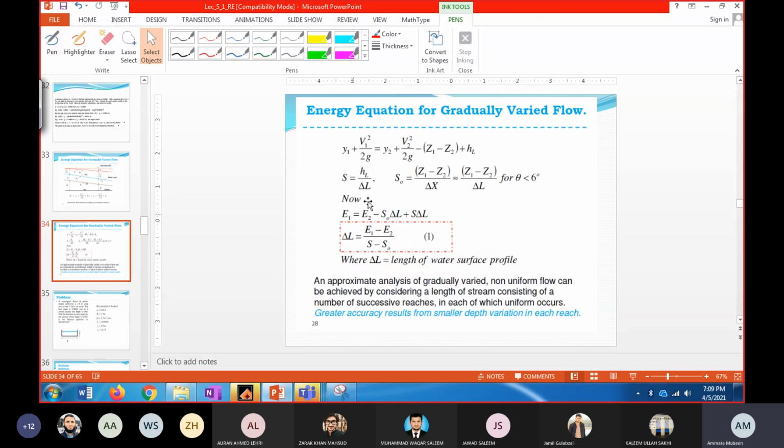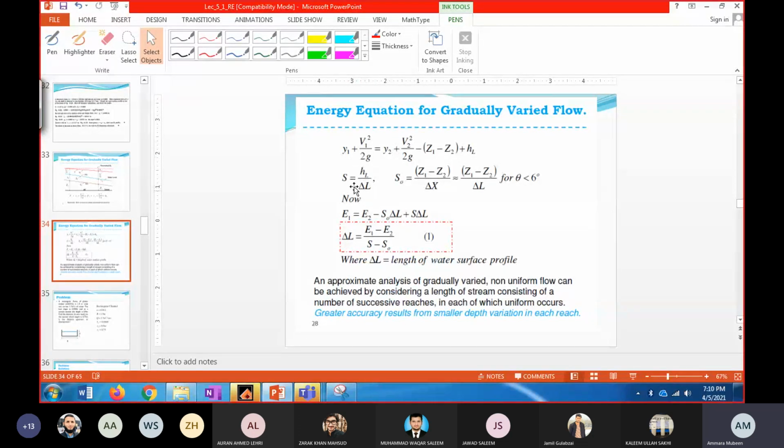Though we will be discussing this equation in the next class also, but for the time being, to do the next question in which this formula will be applied, how can we get this formula, this delta L between the two sections? Just check that.